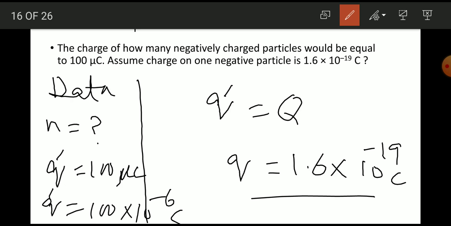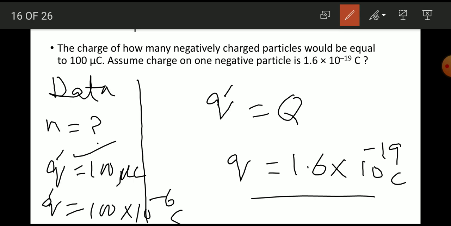This is the charge on a single particle, and this is the total charge on the particles. So what do we have to calculate? We have to calculate the number of electrons on 100 microcoulomb, assuming the charge on one negative particle is 1.6 × 10^-19.